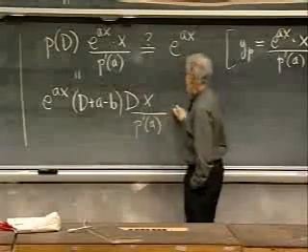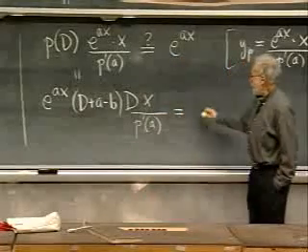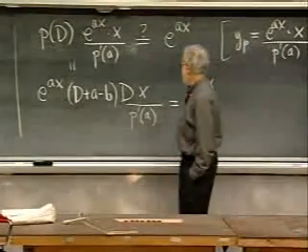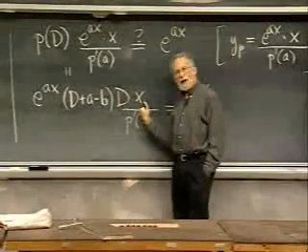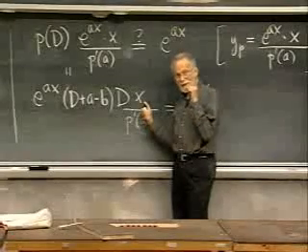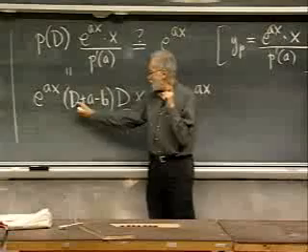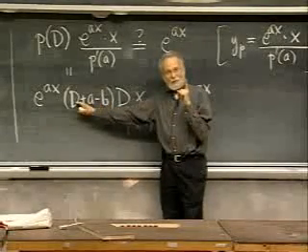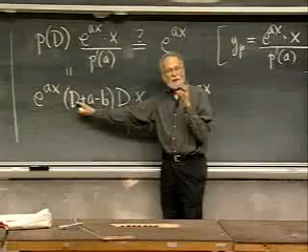Now, what does this all come out to be? E to the ax. What's D applied to x? 1. Right? And now what's this thing applied to the constant 1? Well, the D kills it, so it has no effect. It makes it 0.